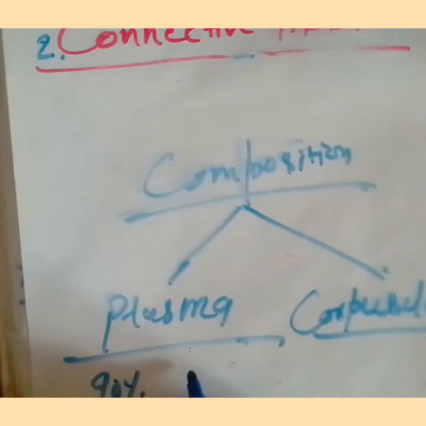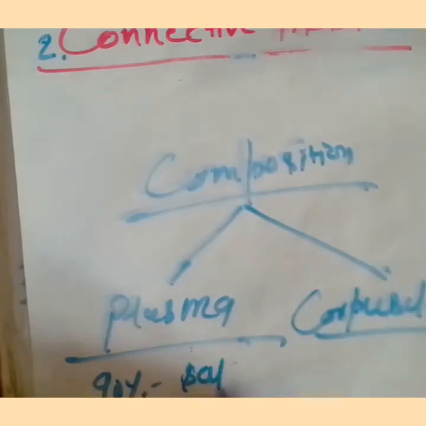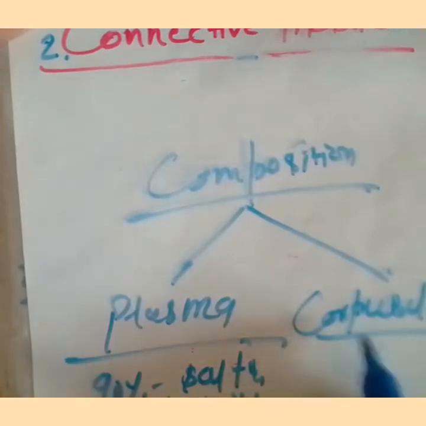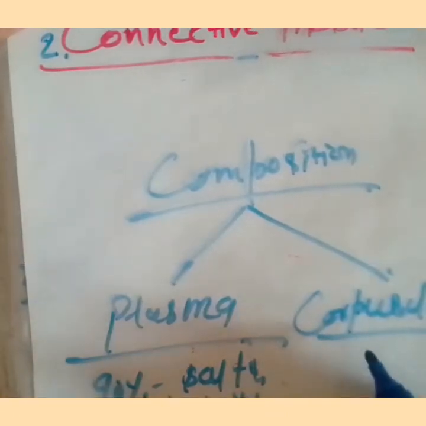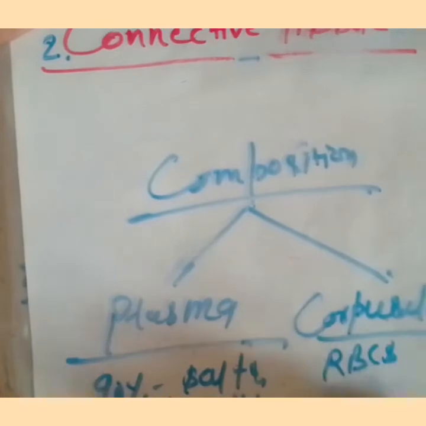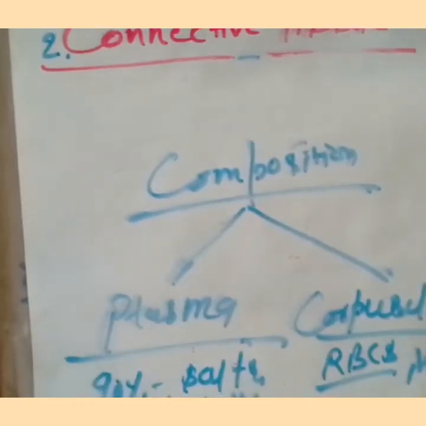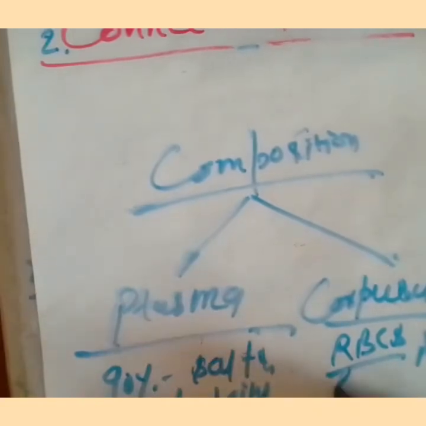Along with this there will be other things like salts, proteins, and also hormones. Whereas in case of corpuscles there will be RBCs, WBCs and platelets.